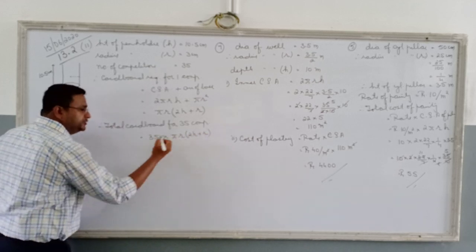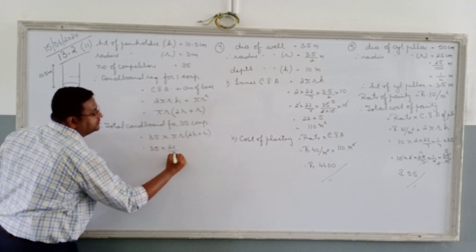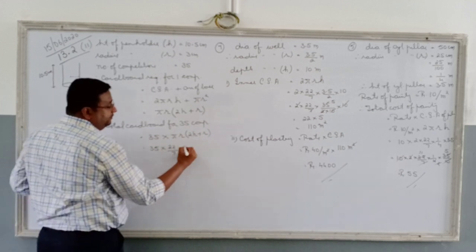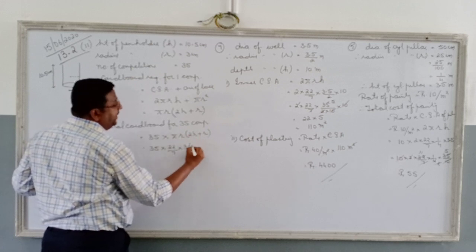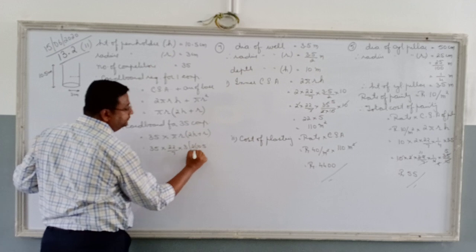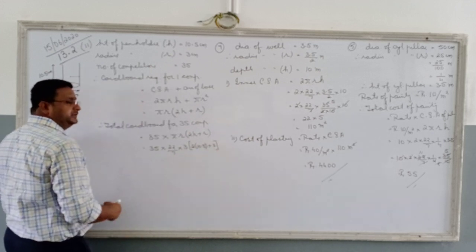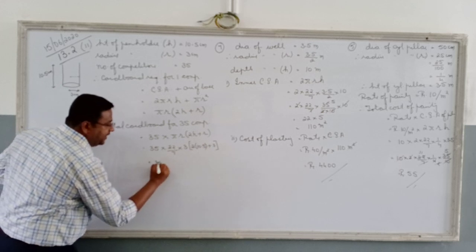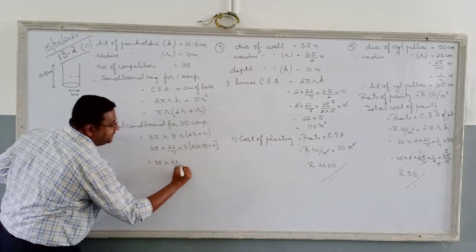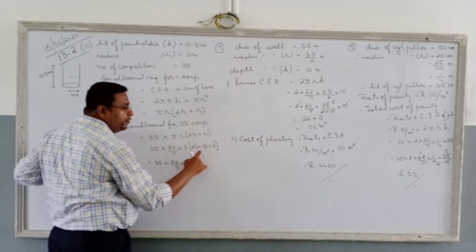Substitute the values. 35 into pi 22 upon 7 into r 3 into 2 into h 2 into 10.5 plus r, that is 3. Solve it. 35 into 22 by 7 into 3 into 2 into 10.5, 21, 21 plus 3, 24.